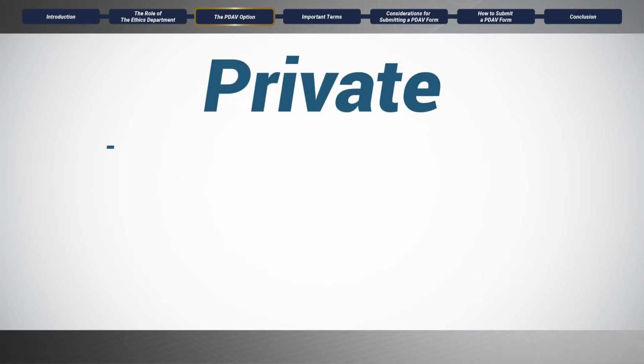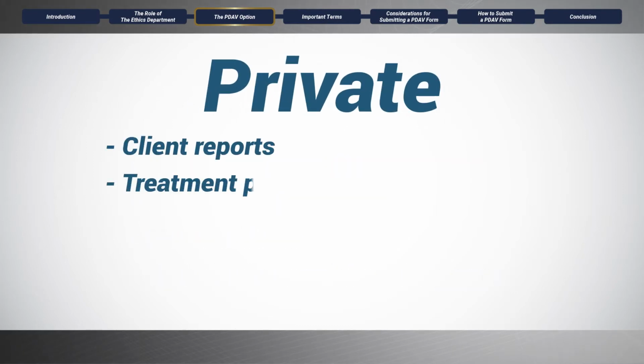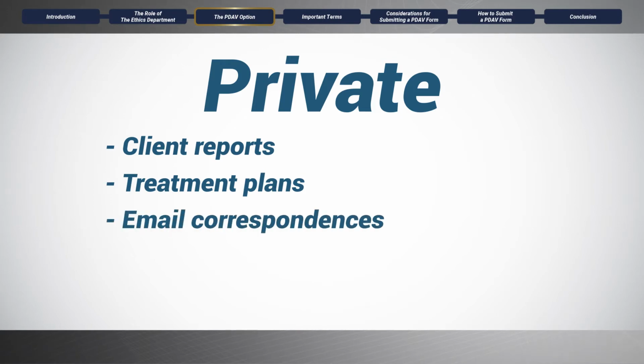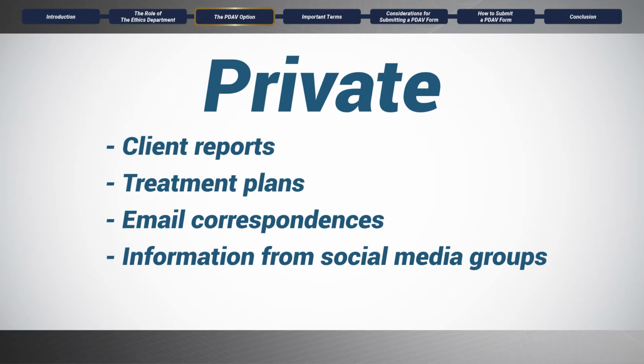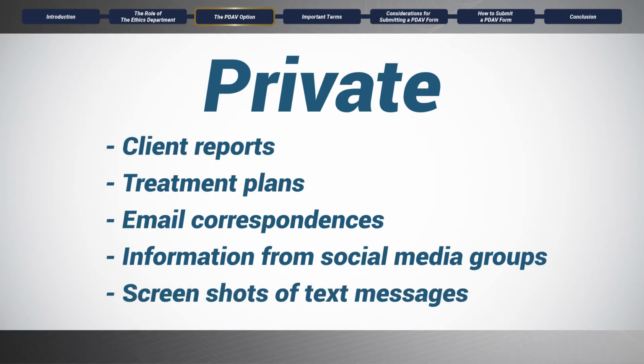On the other hand, client reports, treatment plans, email correspondences, information gathered from private or closed social media groups, or screenshots of text messages are not. So, if your documentation meets the definition of publicly available, the publicly documented alleged violation option may be right for you.